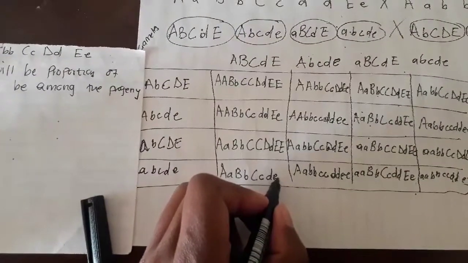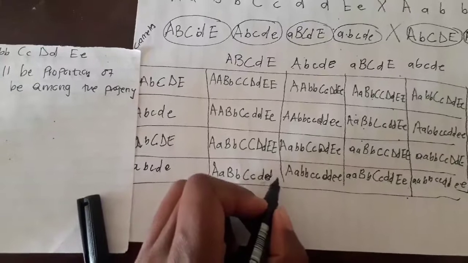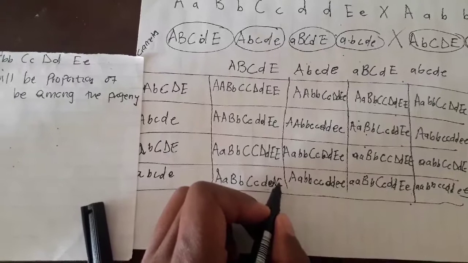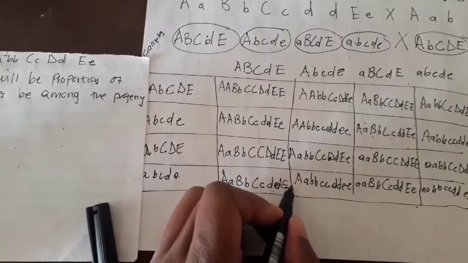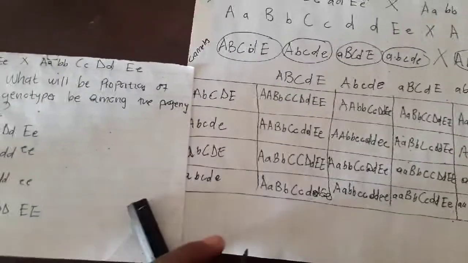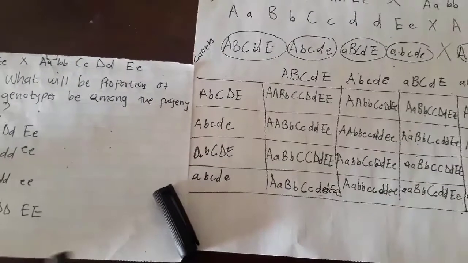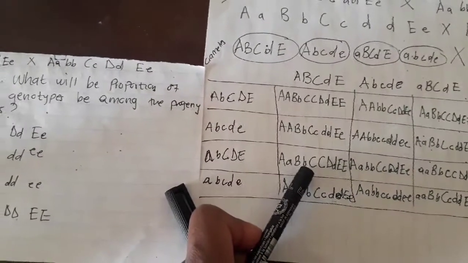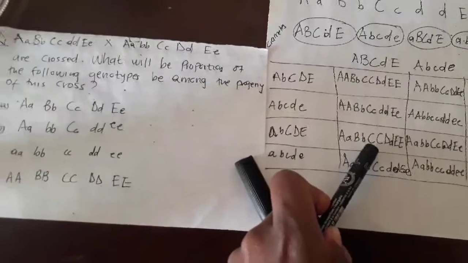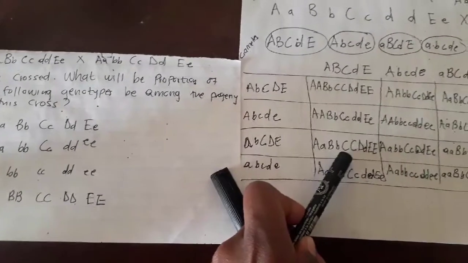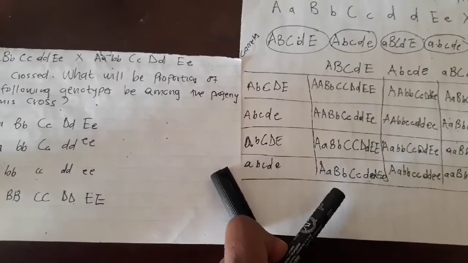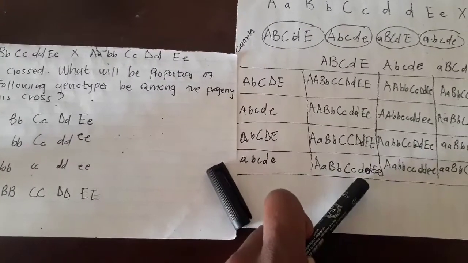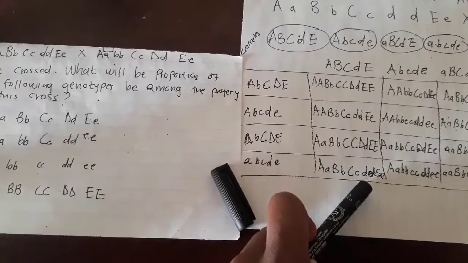Let me quickly fix this. Sorry for the mistake. Okay, let's check for option B. We do have double letter small d, but we don't have double letter small e.